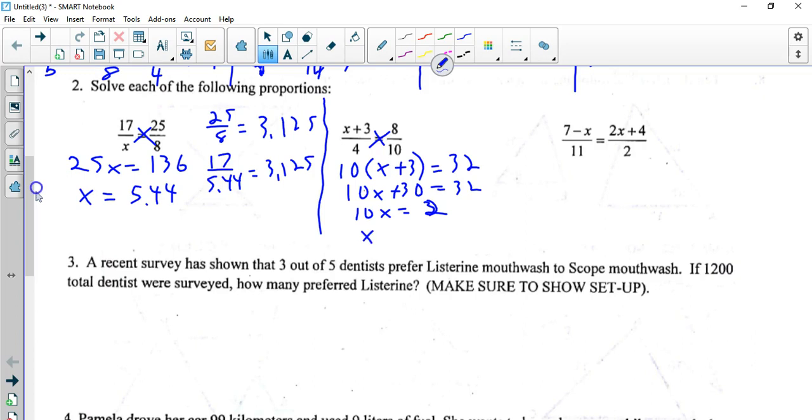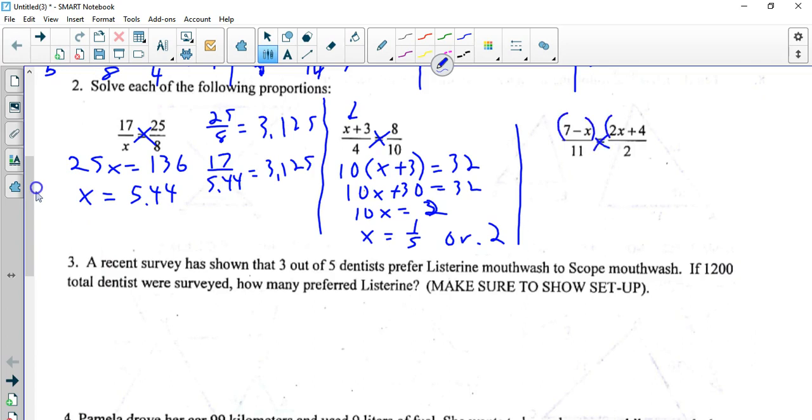And when you divide by 10, you get 2/10 or 1/5, or just 0.2 as a decimal. And again, if you wanted to check that, you could plug the 0.2 back in. And if you did 3.2 divided by 4, you'd get 0.8. And 8 divided by 10 is 0.8. So you can confirm that.